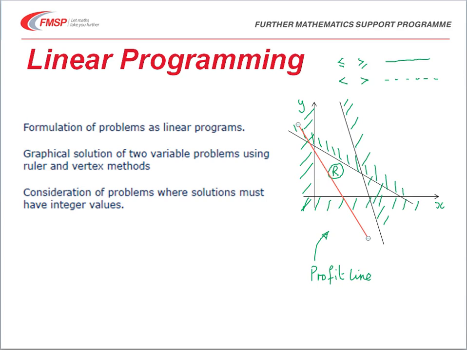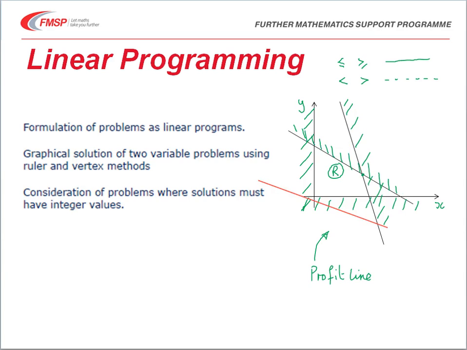So it's actually going to exit at one of the corners, one of the vertices of the feasible region. So we can see it's moved past one of them already, and then coming up to the second one, and for this particular profit line the final one to be crossed is the one that's just gone over there, which would be this point here on my diagram.